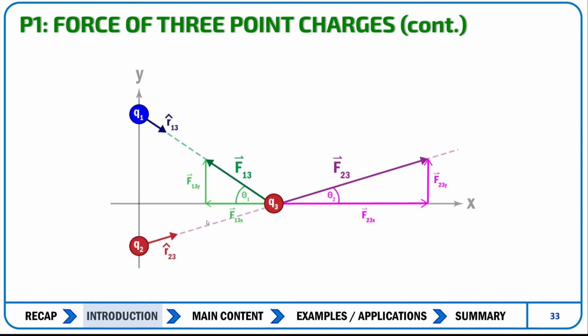Now let's see if I've labeled this correctly. I want to label this as F13x to say it's the x component of the F13 vector. I want to label this as F13y as the y component of the F13 vector. Similarly, I do the same thing for F23 here and here.